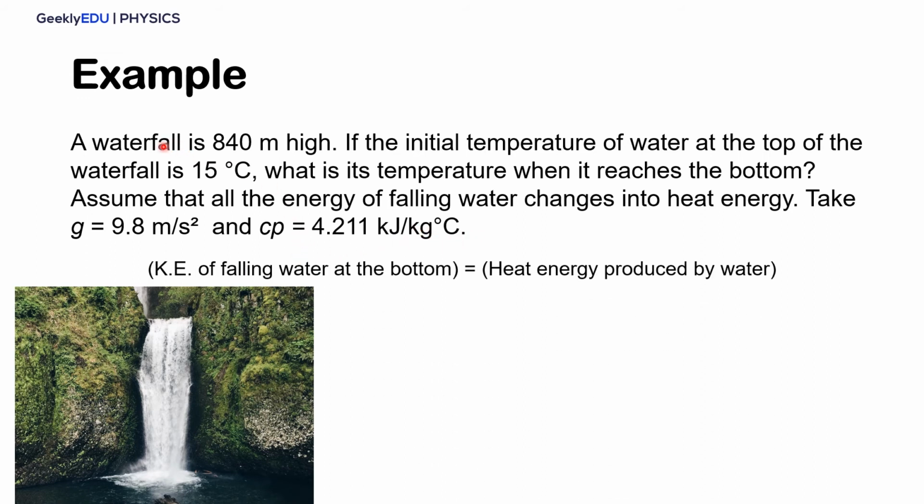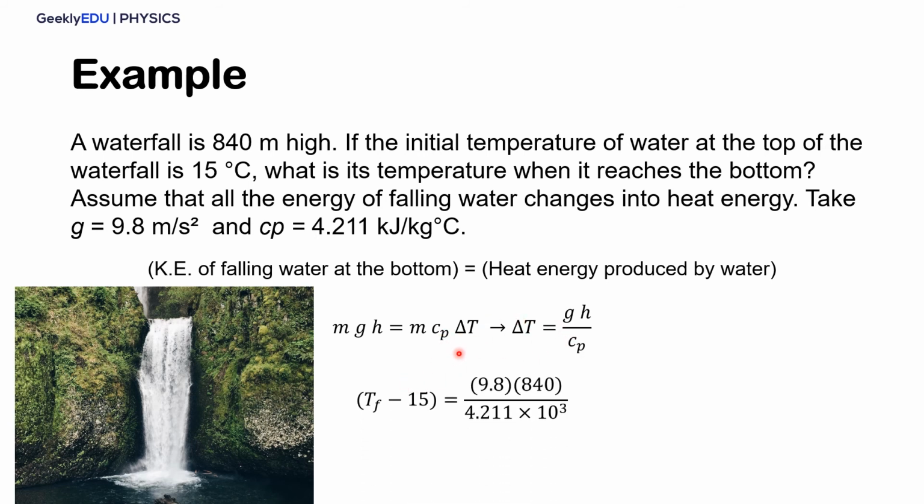So if all the energy of the falling water transforms into heat energy, we can make the kinetic energy equal to the heat transferred. You know that the energy is mgh, and that the heat transfer is m Cp delta T. Isolating the difference in temperatures, we have that it's equal to the acceleration of gravity times the height divided by the specific heat.